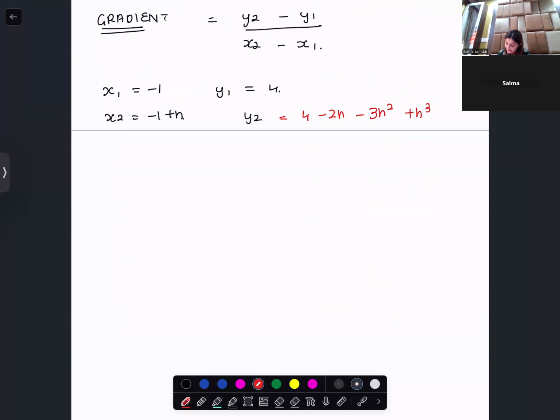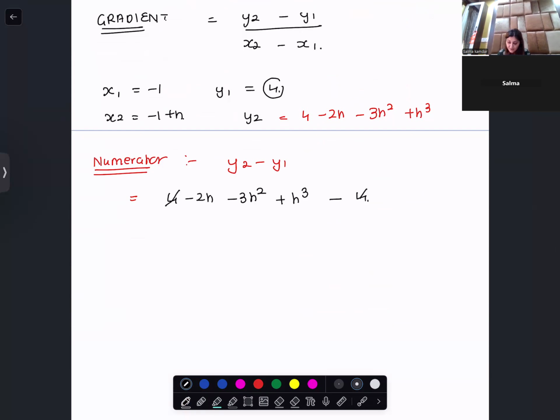Now for the gradient, I will solve the numerator and denominator separately because it is big. The numerator is y2 minus y1, which is 4 minus 2h minus 3h square plus h cube minus 4.